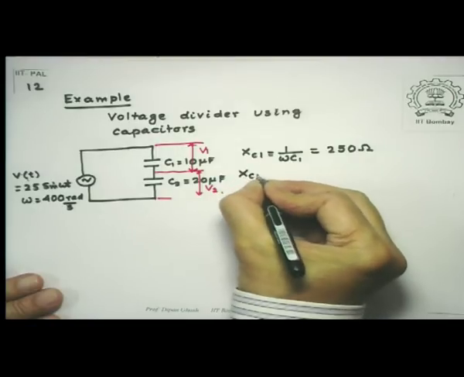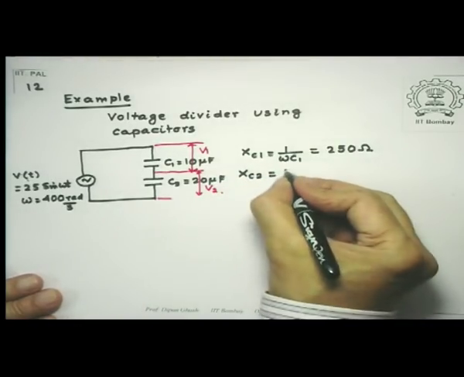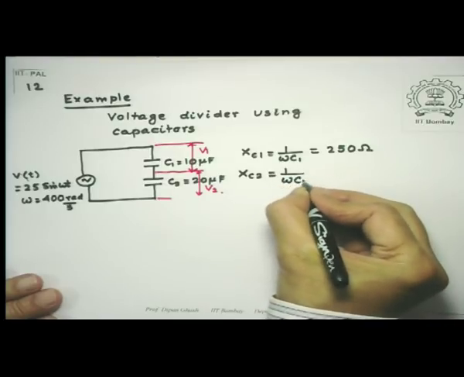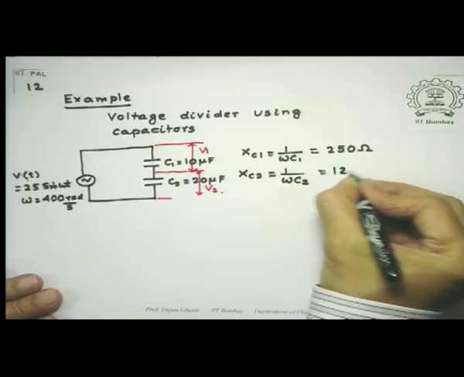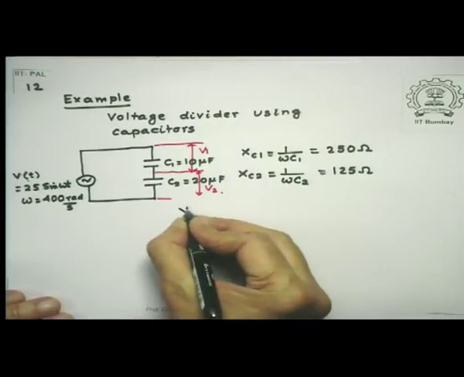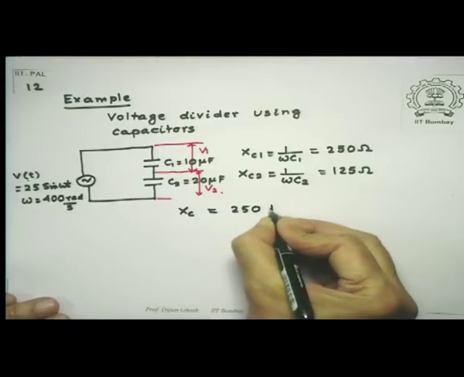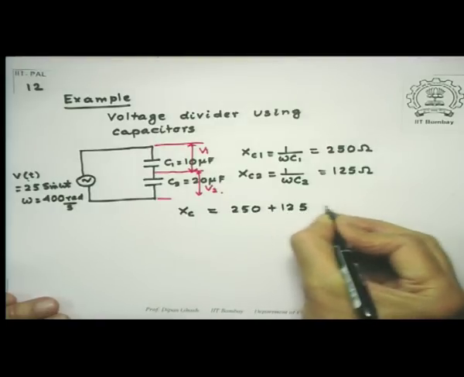And XC2, since the capacitance is double, the reactance would be half, so 1 over omega C2 equals 125 ohms. Now these, in series, just add up, so that my net XC for the circuit is 250 plus 125 equal to 375 ohms.